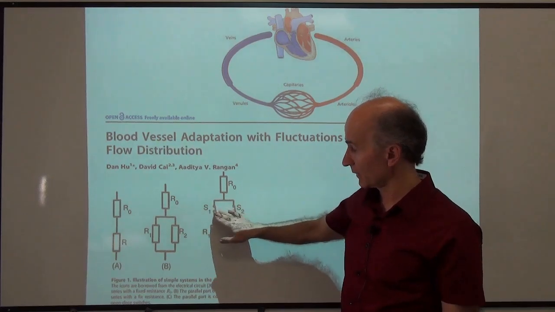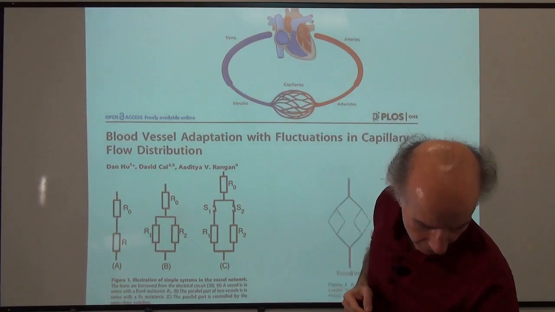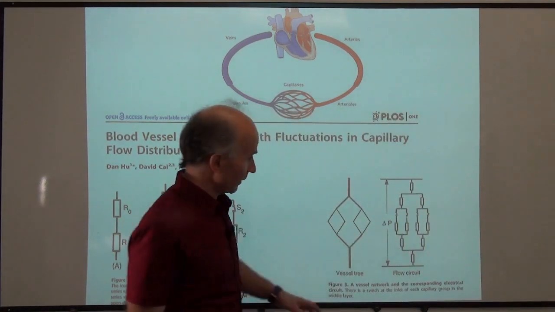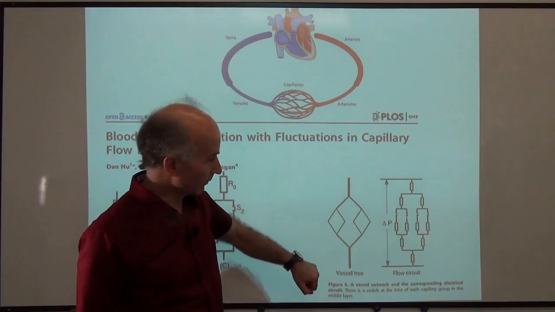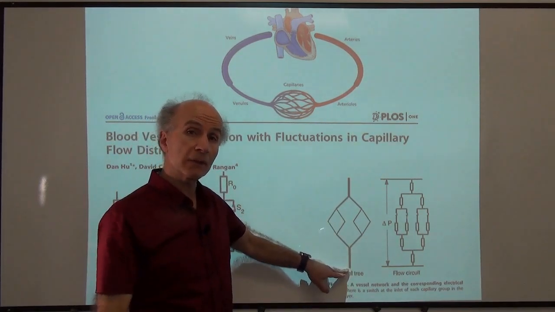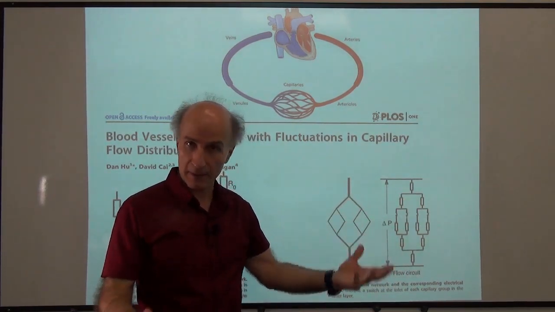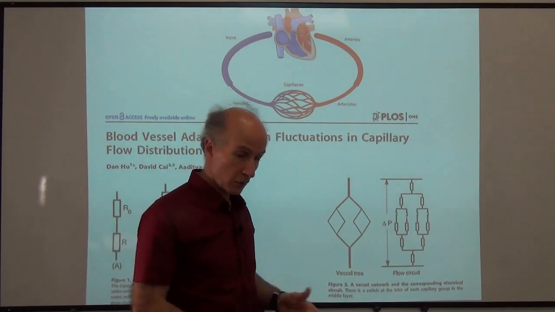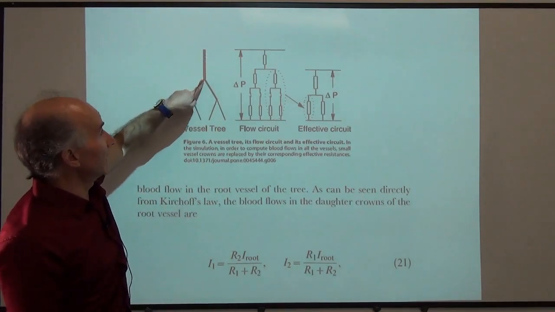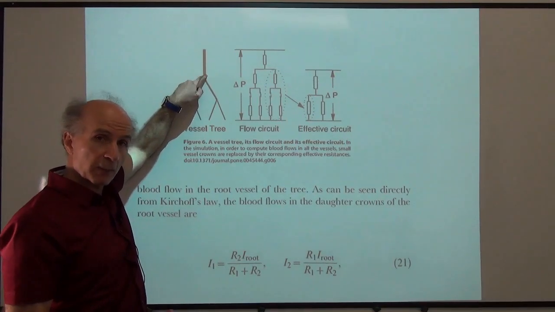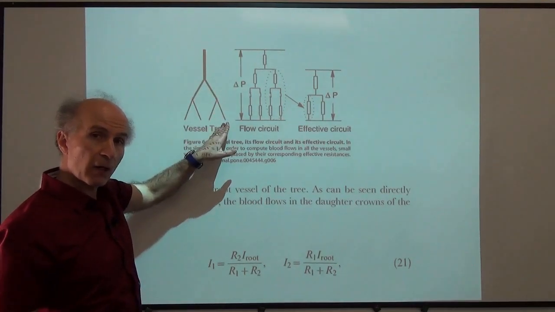And then they can also have switches to represent some of the action that happens in the body. And eventually, they arrive at these simple models of the vessels and resistors. And they say the blood pressure from here to here is equivalent to a voltage difference between here and here. And based on that, we can calculate all the currents and pressures, so to speak, and so on. So in fact, what they do is they say, for example, we may have a main vessel, which we might call a root vessel, and then that branches out into narrower vessels.